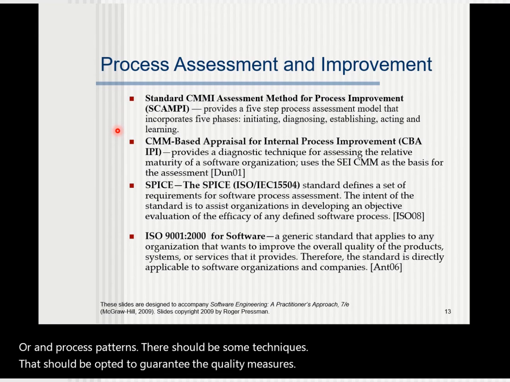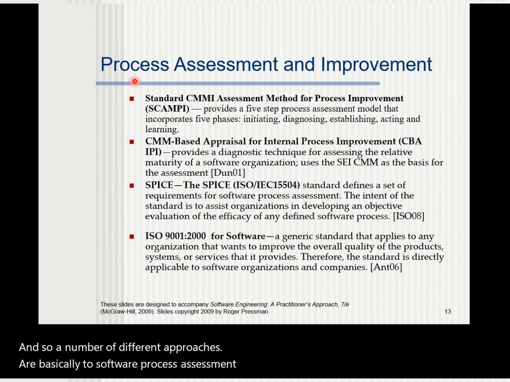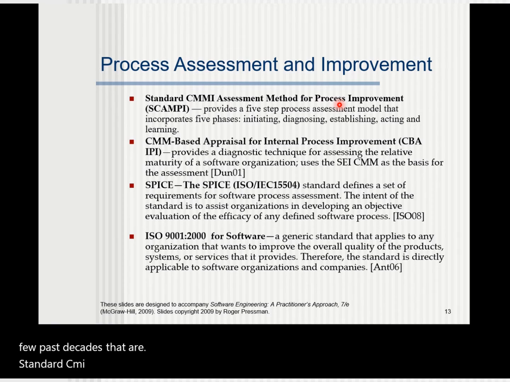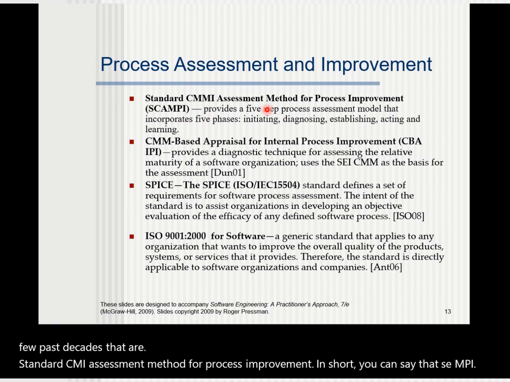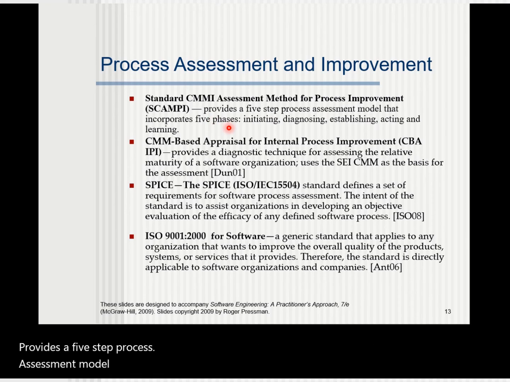And so a number of different approaches to software process assessment and improvement have been proposed over the past few decades, that are the standard CMMI assessment method for process improvement. In short, you can say that SCAMPI provides a 5-step process assessment model that incorporates 5 phases.